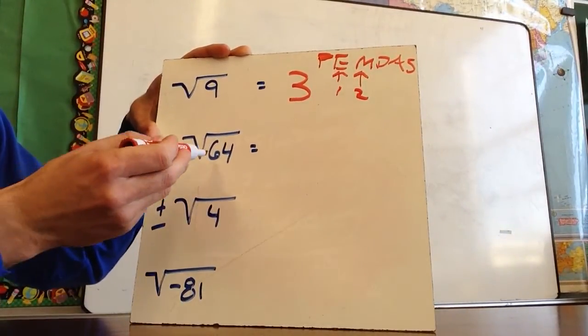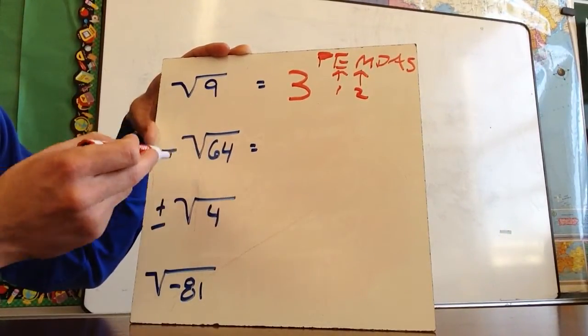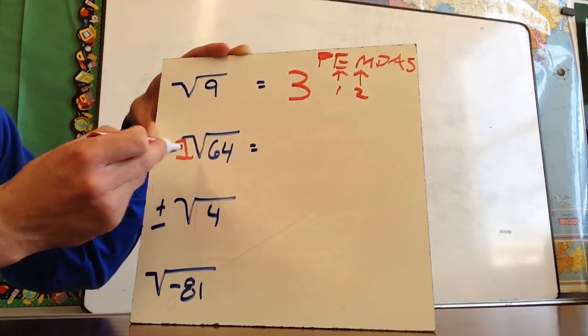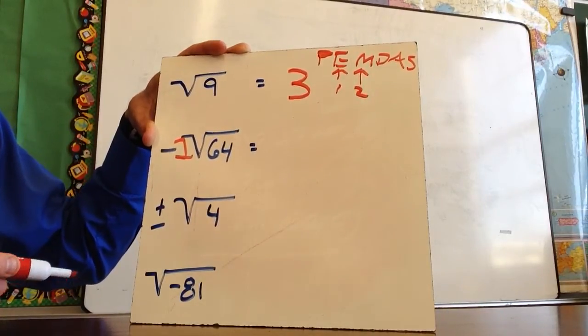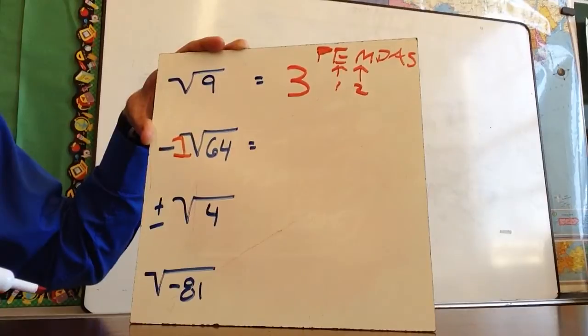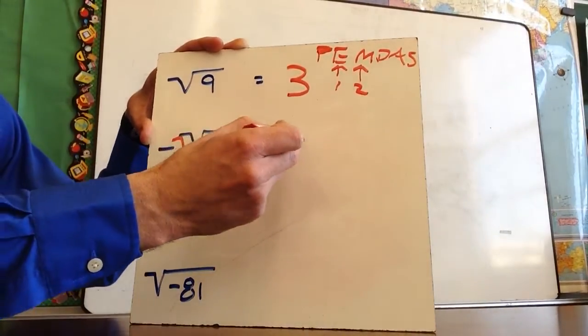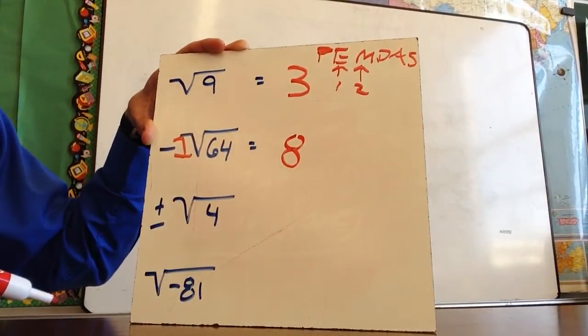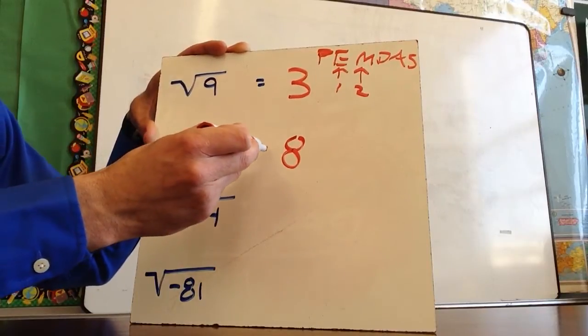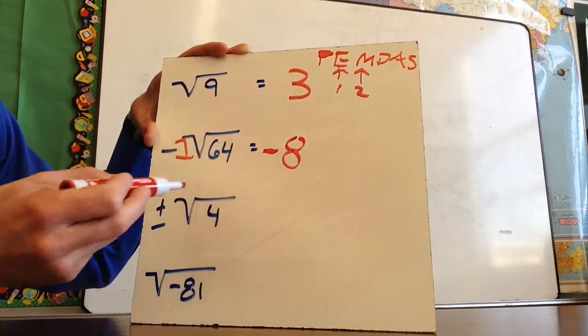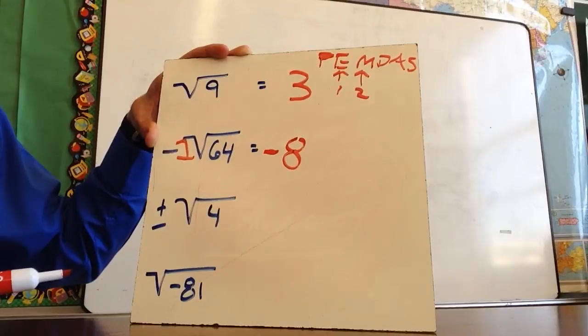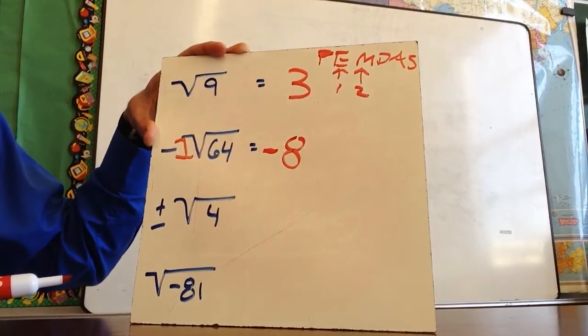So I'm going to first use the exponent and then multiply. And remember that there is a 1 here, so it's going to be multiplied times negative 1. So what number times itself equals 64? That would be 8. And then I multiply 8 times negative 1, and so that is negative 8. So the negative square root of 64 is negative 8.